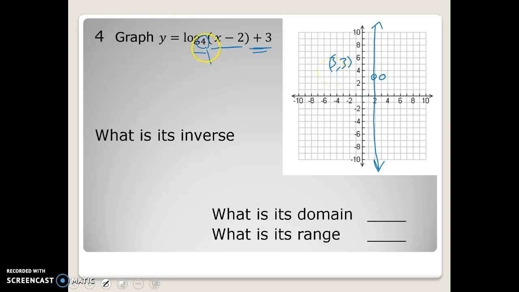And then because the base here is 4, I'm going to go from my new origin over 1, 2, 3, 4 units and up 1, and I'm going to have another point here. So it's going to look something like this. If I want to check to make sure that this is right, this is the point 6, 4.